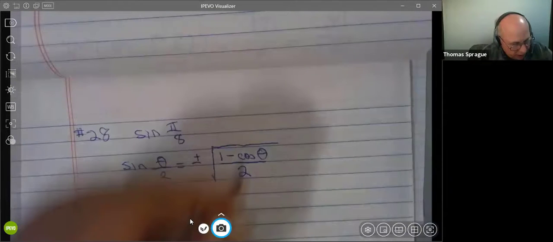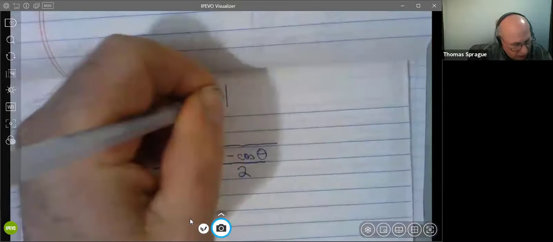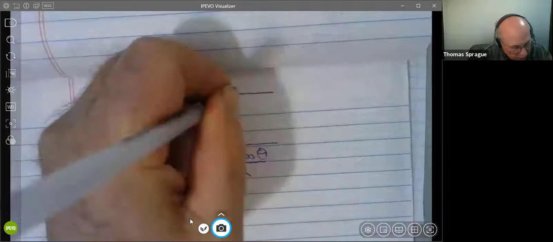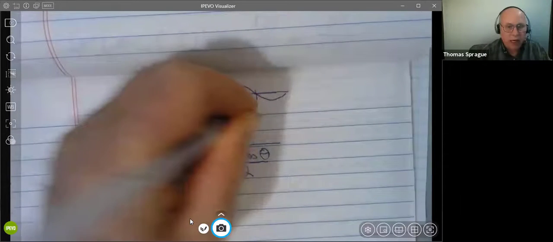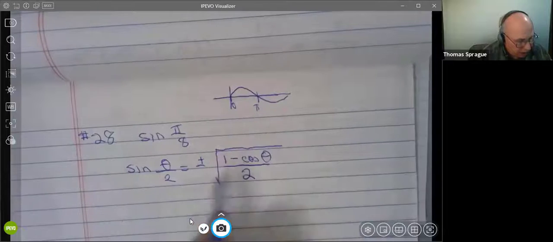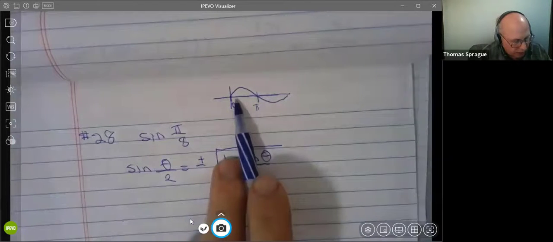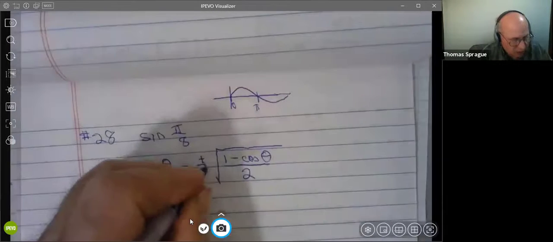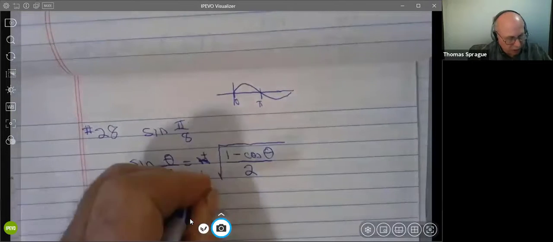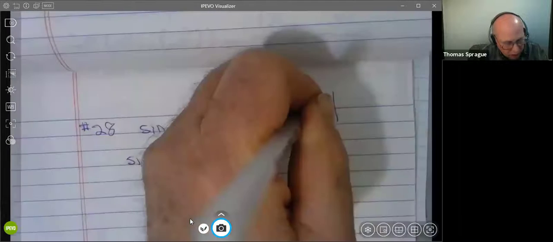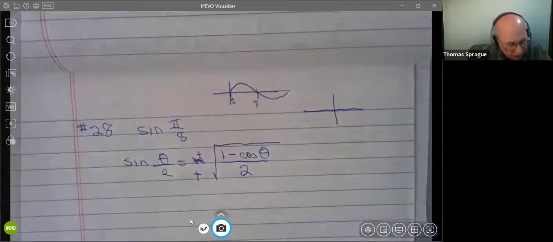All right, but we can figure that out. We know the sine function, there's a couple of ways of thinking about it. Number one, the graph of the sine function looks like this. And on the interval from 0 to pi, the sine function is positive. So that tells me pi over 8, that's in here somewhere, definitely the positive option is the one we want. Option number 2, think about drawing the angle in standard position.